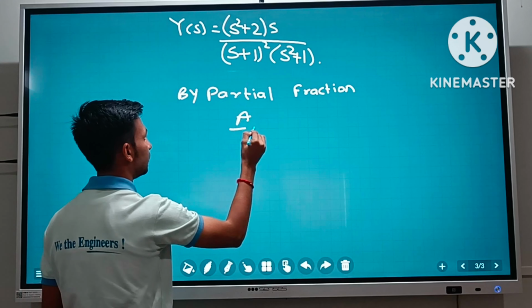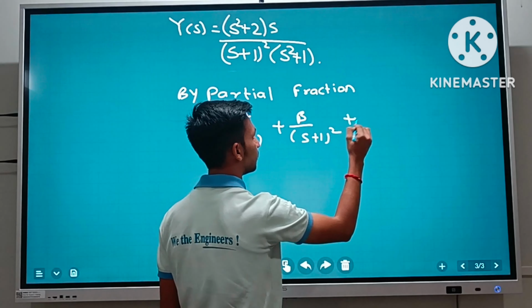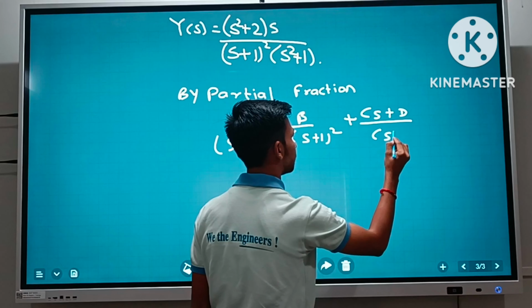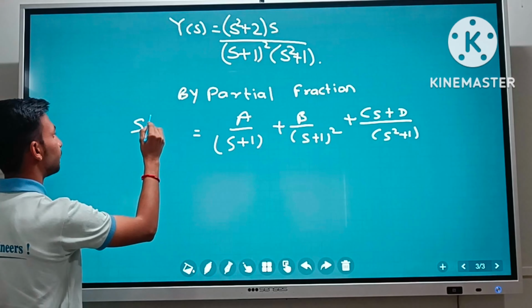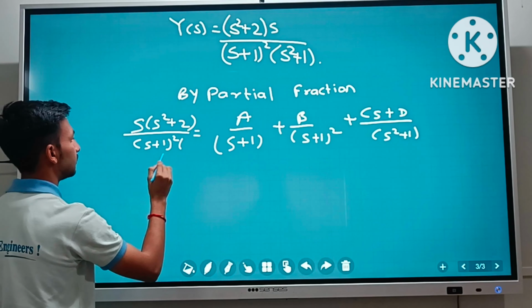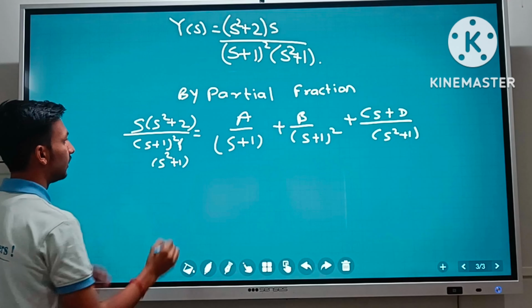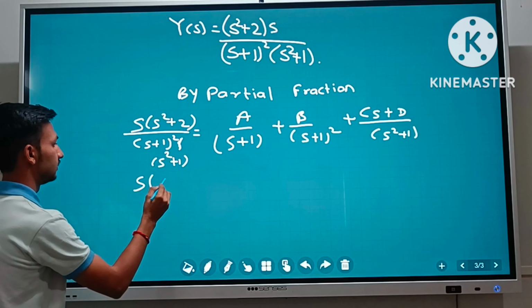We get the value of Y of s, and when this denominator goes to the other side, we get the equation.